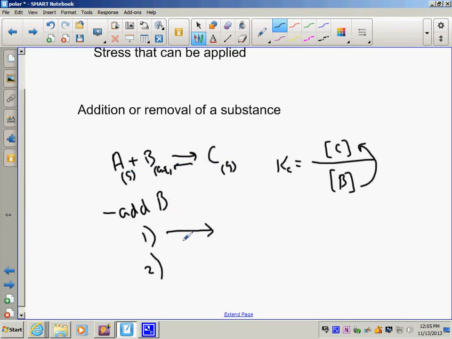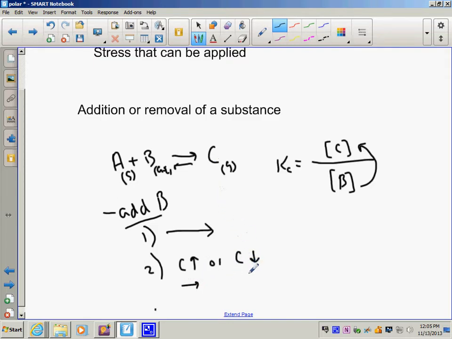Now, another way they might phrase it: what is going to happen to C as we add B? They may say, is C going to increase or is C going to decrease by the addition of B? Well, for C to increase means we need to shift towards products.